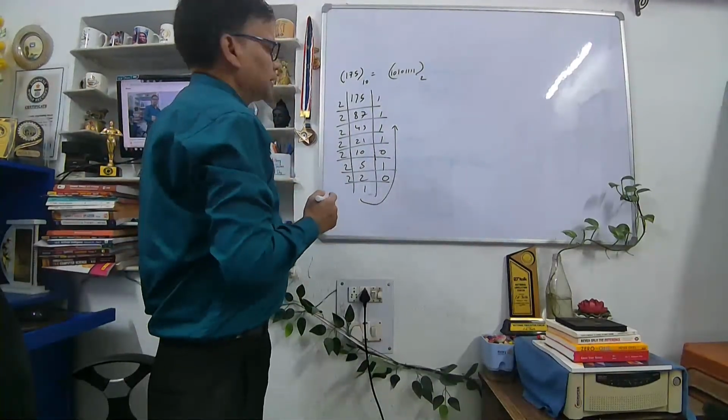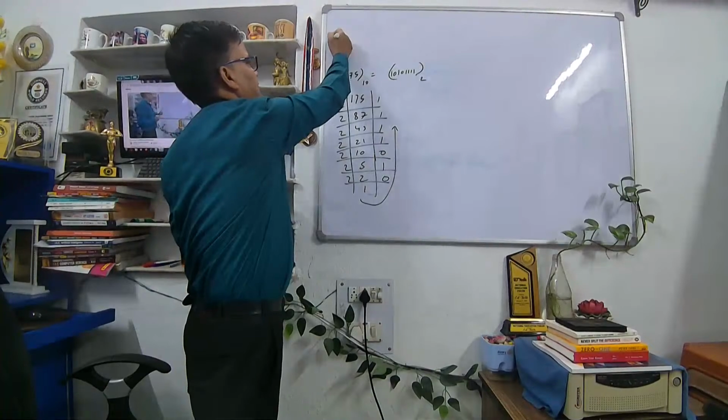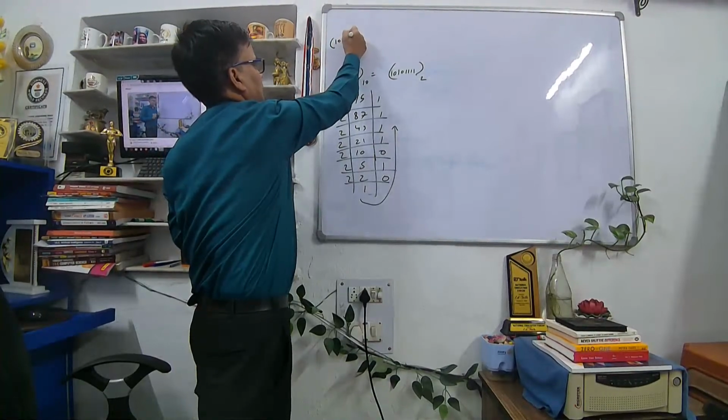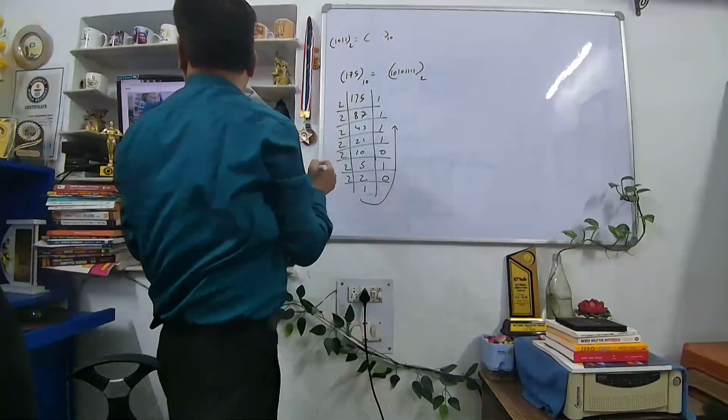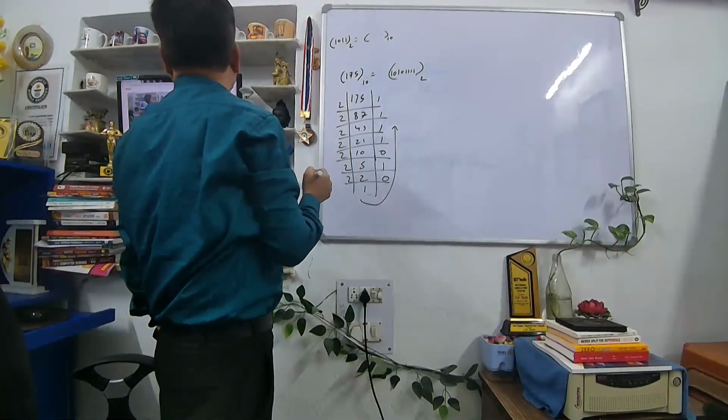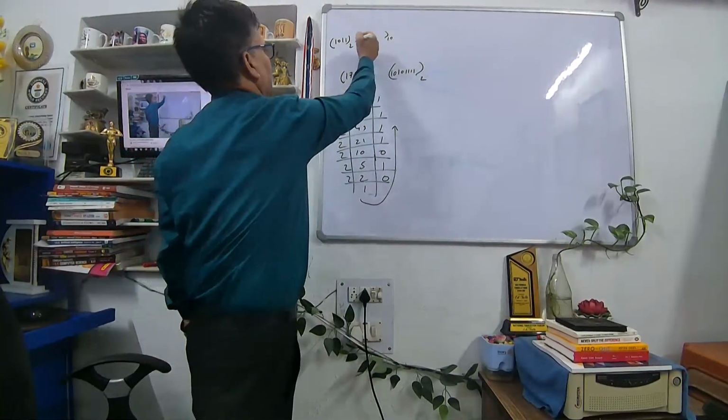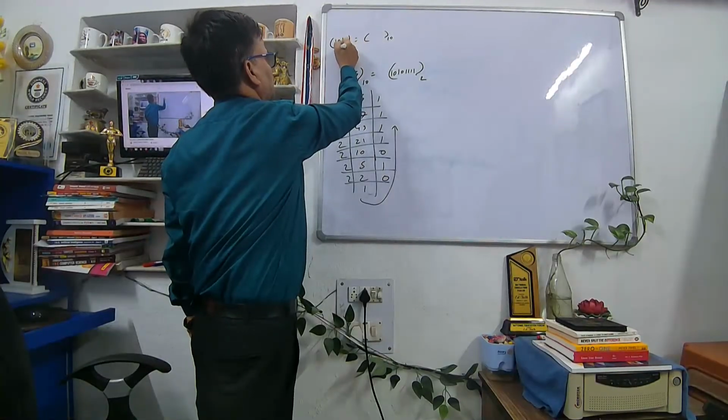Now, if I have to convert binary to decimal, for example 1011, which is in binary, I label the positions 0, 1, 2, 3.